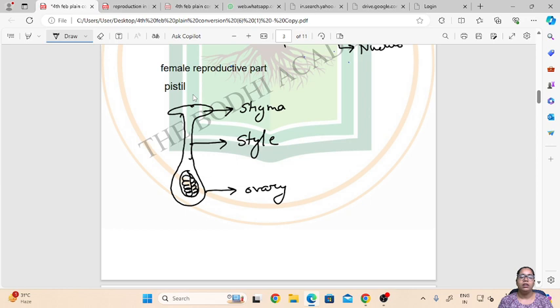The ovary consists of small granules called ovules, and these ovules are the female gametes.